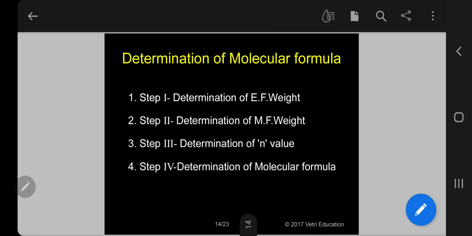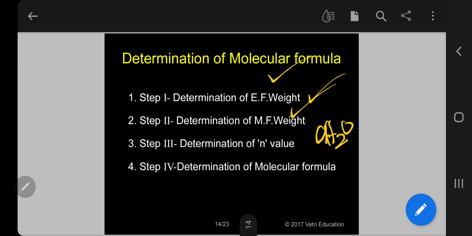As usual, there are 4 steps involved in the determination of the molecular formula. Step 1, determine the empirical formula weight, because the empirical formula is given as CH2O. Then step 2, determine the molecular formula weight.